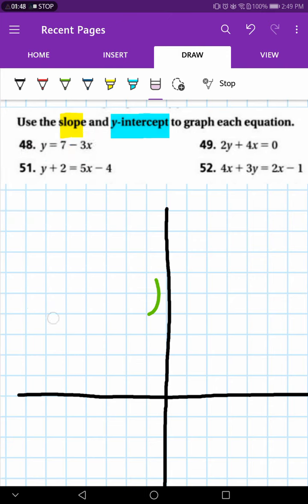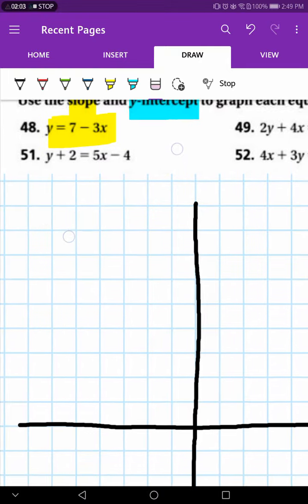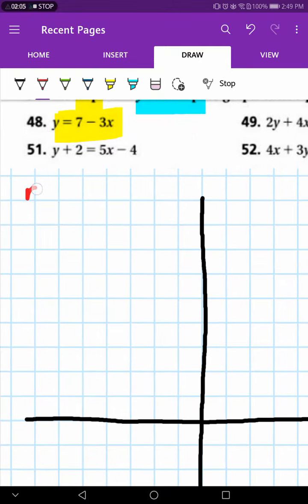In the first equation, y equals 7 minus 3x. First of all, I taught my students how to find the m and the b. The b, the y-intercept, is the number that comes alone in the equation.